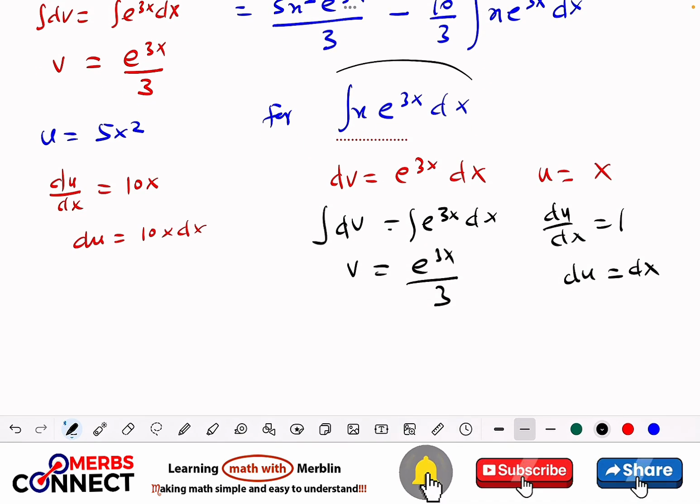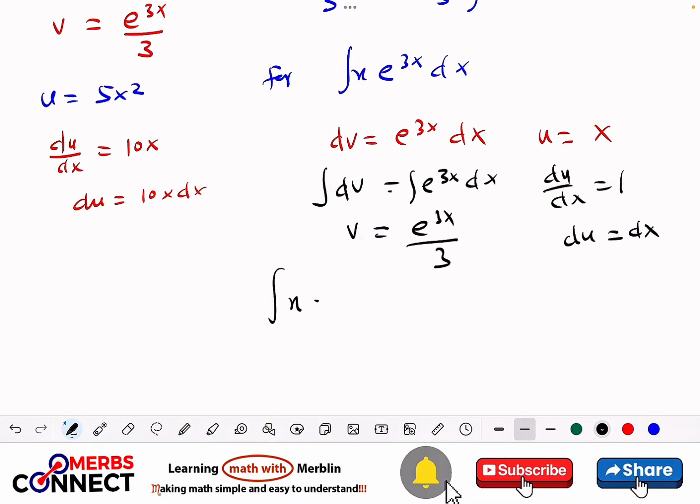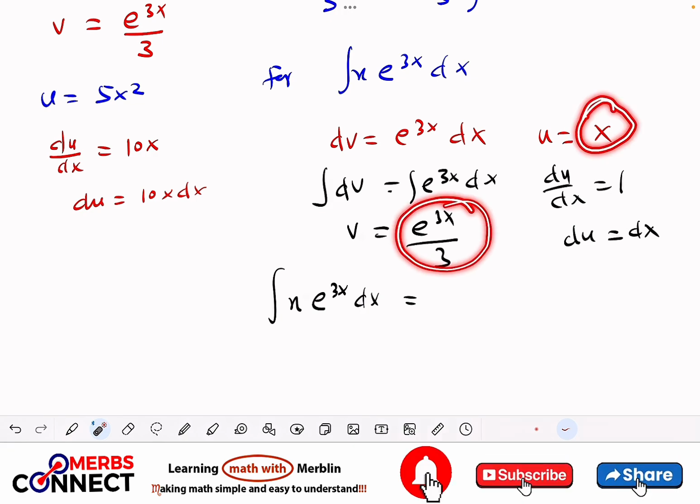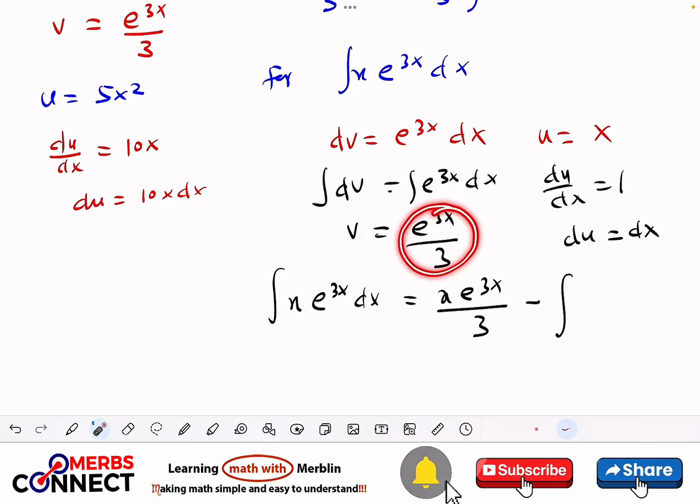So for this one, I'm going to have x e to the power 3x dx, which is equal to, we want to apply the by parts formula. So u times v. So I'm going to have x e to the power 3x divided by 3 minus v times du.